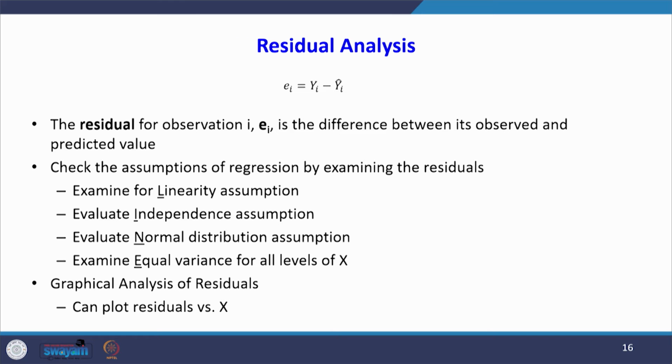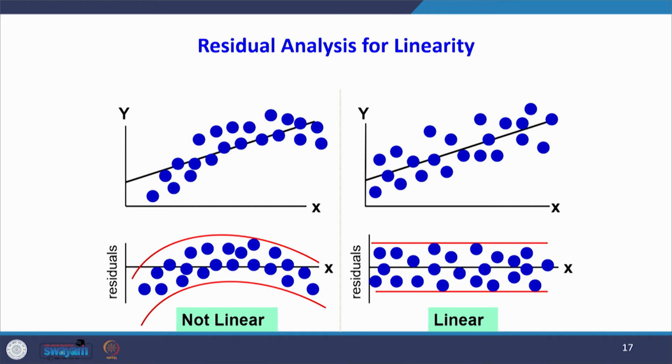Check the assumptions of regression by examining the residuals: examine the linearity assumption, evaluate the independence assumption, evaluate the normal distribution assumption, and examine equal variance for all levels of x. The graphical analysis of residuals will help you check these assumptions. We can plot residuals, that is, error, versus the value of the independent variable. Now, look at the residual analysis. On the x axis we have x, and on the y axis we have residuals.